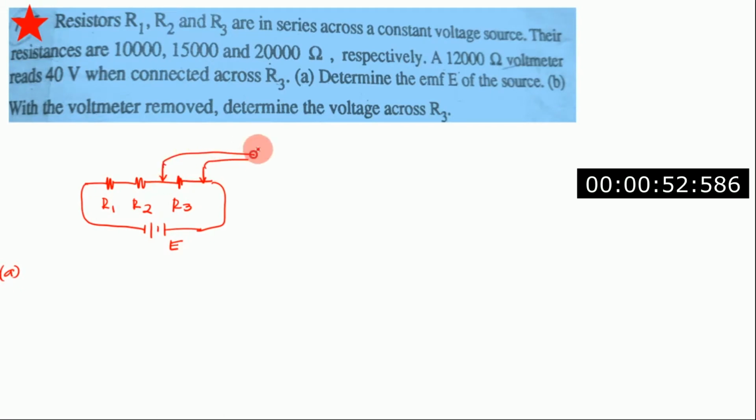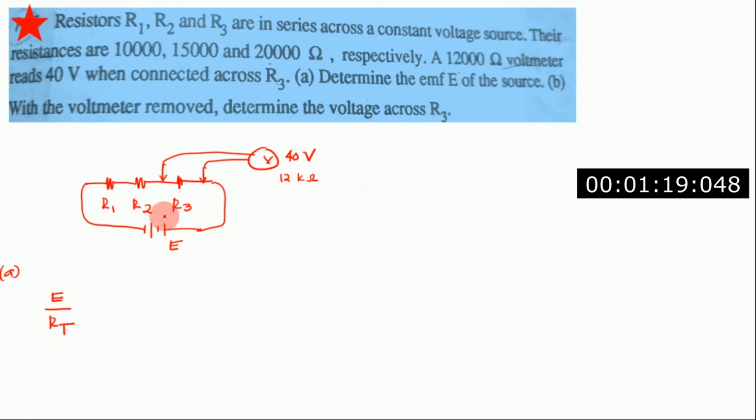So this is the voltmeter, and the reading is 40 volts. And by the way, the voltmeter has 12,000 ohms. So to have our ratio of the voltage, we know that E is to the total resistance, which is RT.